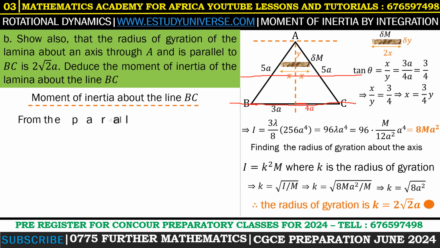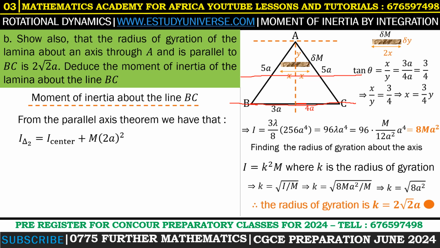So the parallel axis theorem states that the moment of inertia about delta 2, though I called it delta 1 earlier, let's just call it delta 2 this time around, the moment of inertia of the whole system about the axis through A, that is delta 2, is equal to the moment of inertia of the whole system about an axis passing through the center plus the mass of the system times the square of the distance separating the two axes.